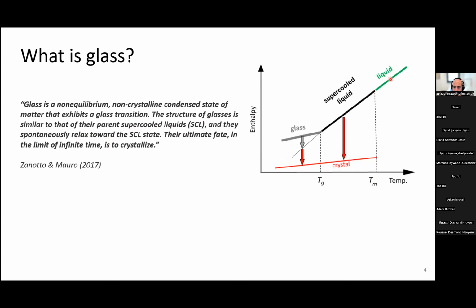If we cool the same liquid relatively faster, so it doesn't have enough time to crystallize, we form this supercooled liquid state that becomes increasingly viscous as we cool it down, and at some point it freezes in on that time scale, and we form this glassy state. This non-crystalline state can then relax and can crystallize.